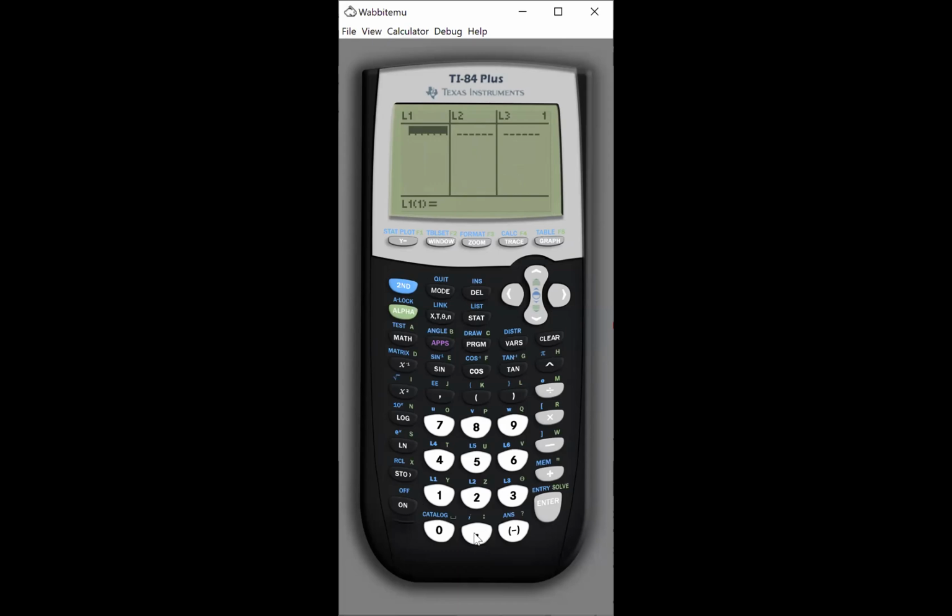So I'm gonna go ahead and enter the numbers. So 0.2, 0.3, 0.4, 0.5, 0.6, 0.8, and 1.1.